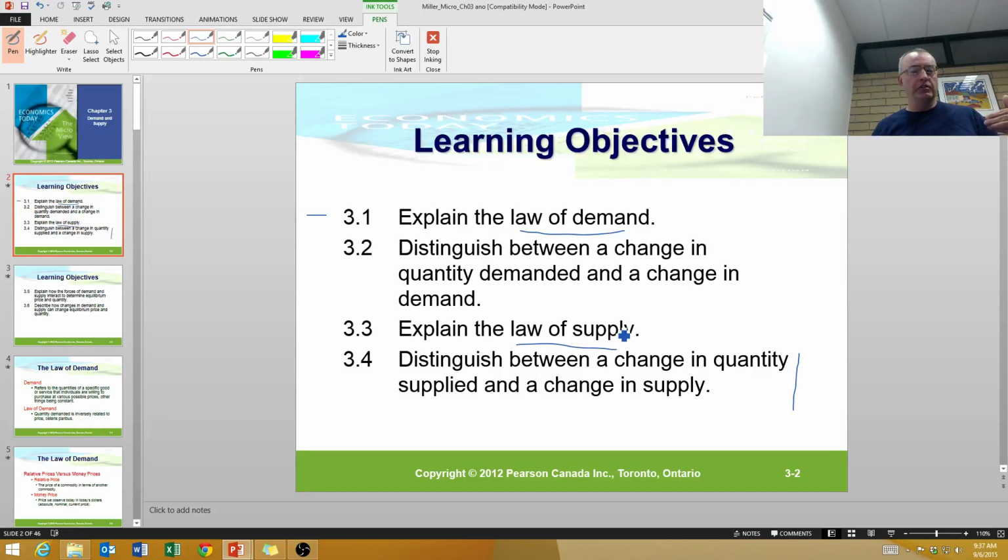So when we talk about changes in quantity demanded or change in quantity supplied, we're talking about the effect of a price change on the quantity demanded or supplied. And when we talk about a change in demand or a change in supply, we're talking about the effect of non-price factors on the supply or demand curve. Okay, and we'll go through that.